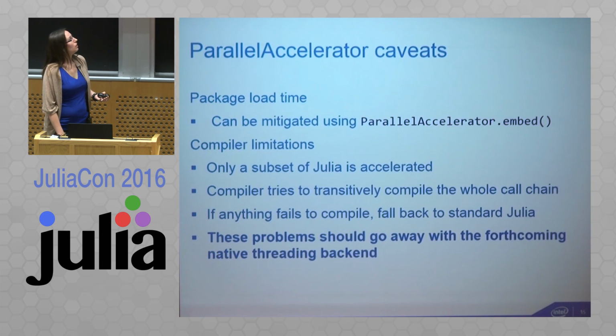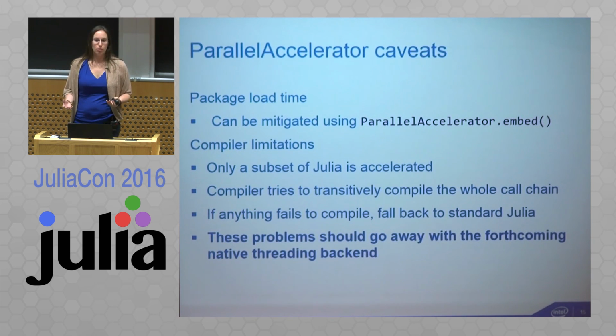The other thing is, right now, Parallel Accelerator can only handle a limited subset of Julia language features and a limited subset of Julia's base library functions. In other words, you can't just put an ACC annotation on an arbitrary Julia function and expect it to just go faster right out of the box.